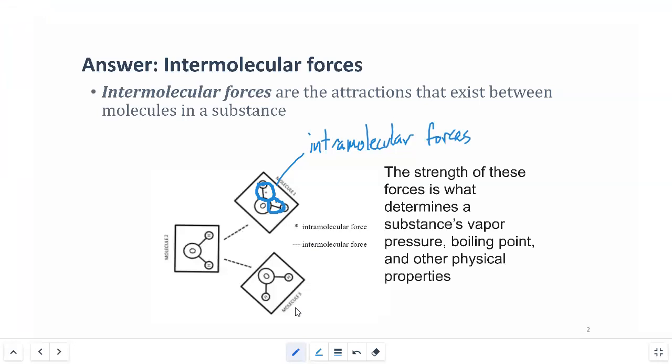Now, it can be difficult because intramolecular and intermolecular sound really close to each other. How do we tell the difference? How do we know which one is which? How many of you have ever competed in any kind of sporting event or other kind of extracurricular against other schools, universities, high schools, middle schools, primary schools, whatever?